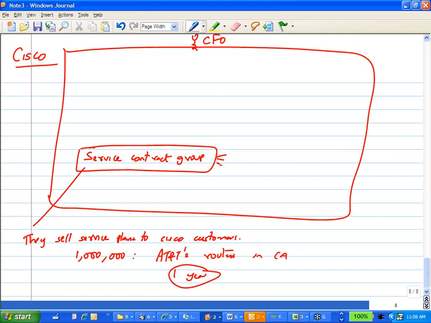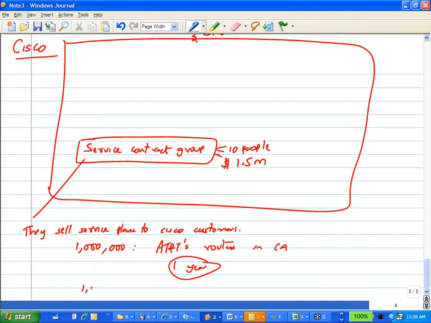Their annual salaries for these 10 people is maybe $1.5 million. Fair enough, $150,000 on average. And this group brings in $2 million from AT&T and Sprint, just as an example. So the CFO is very happy with this group. It's an individual line of business, LOB, they call it.